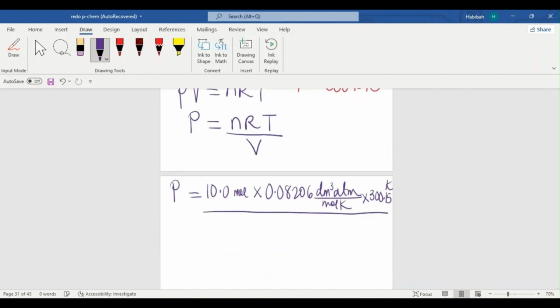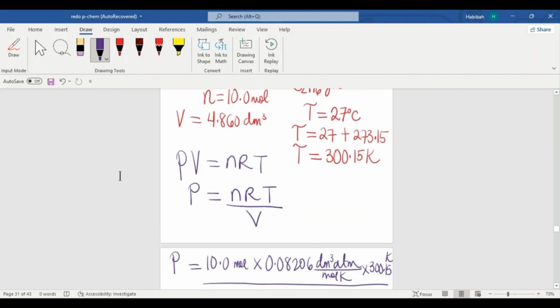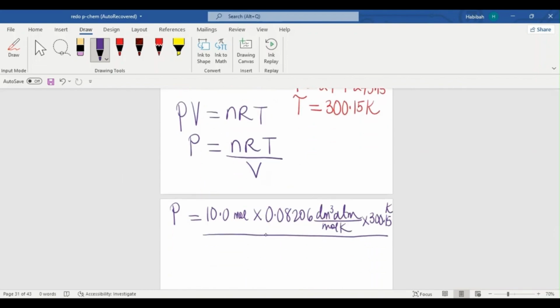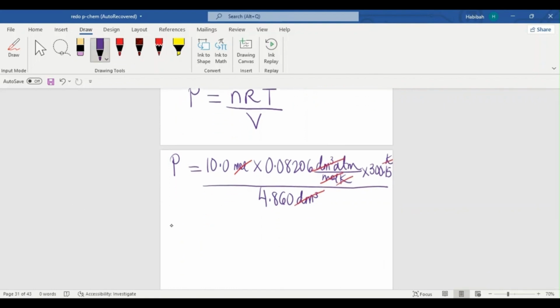So V is equal to 4.860 dm cube. Of course we cancel out the unit for moles, cancel out the unit for volume, dm cube, and cancel out Kelvin, and we end up with pressure equal to 10.0 times 0.08206 times 300.15 divided by 4.860.